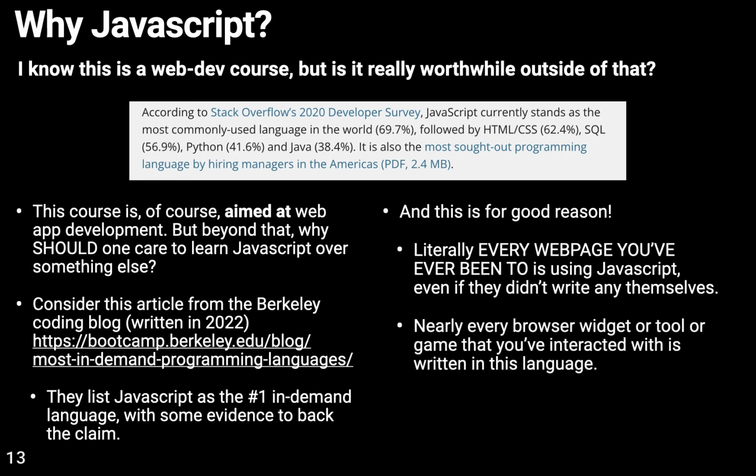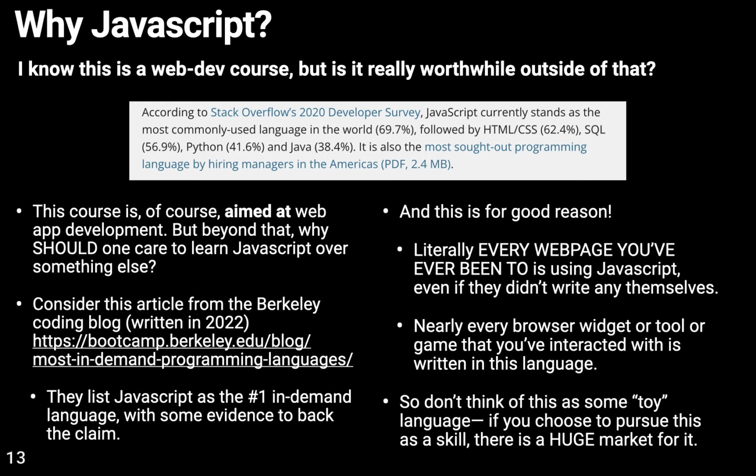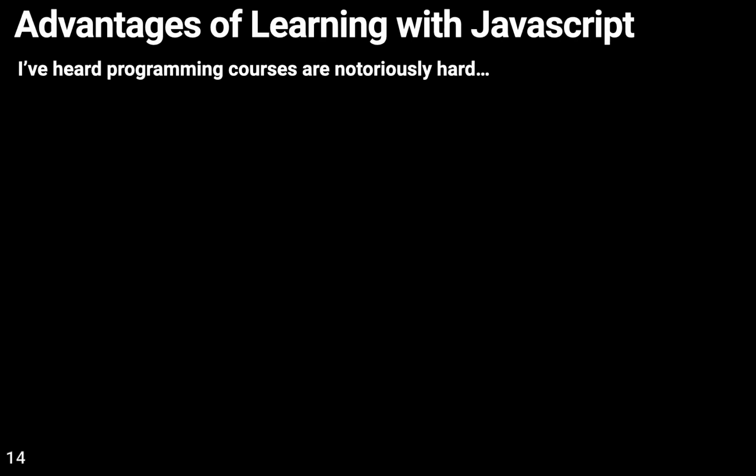So nearly every browser widget or tool or game that you've ever interacted with is written in this language. So don't think of this as some toy language just for making pretty little websites that you might never use. If you choose to pursue this as a skill, there's a market for it. So keep that in mind. This is not like a dead end. This is actually the very beginning of a long journey if you want it to be.